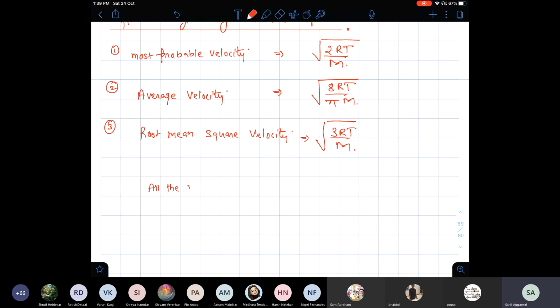All the velocities are directly proportional to root of temperature and inversely proportional to the square root of mass.